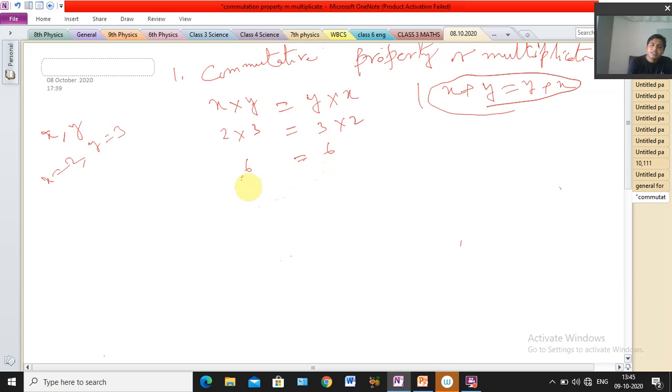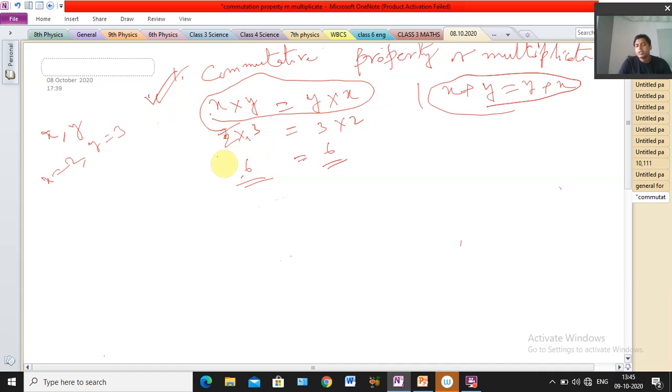Clear? Left hand side as well as right hand side, the same thing is coming, which means our property is correct. Our property is satisfying. Commutative property of multiplication, that x into y equal to y into x. Understood?